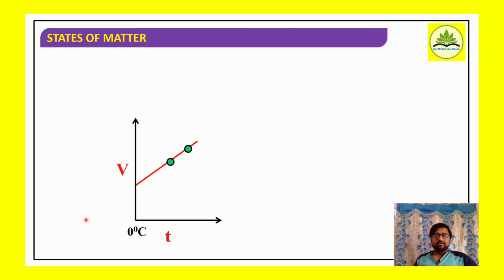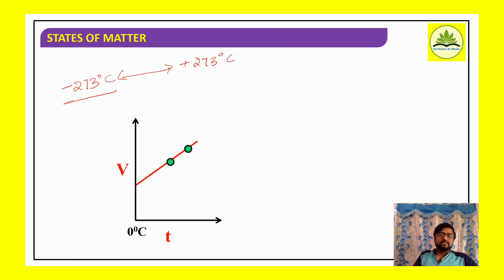Whatever the origin point may be, the temperature falls down up to minus 273 degrees Celsius. There is a range from minus 273 to plus 273 degrees Celsius, and the temperature variation can be done between these two points, right?